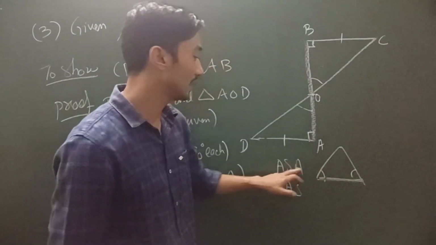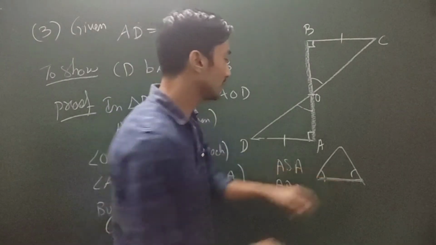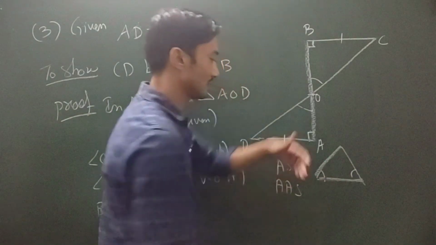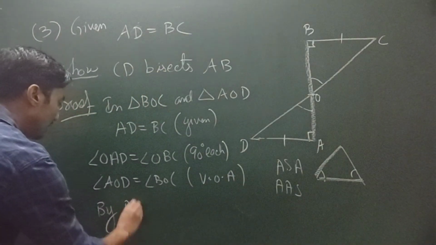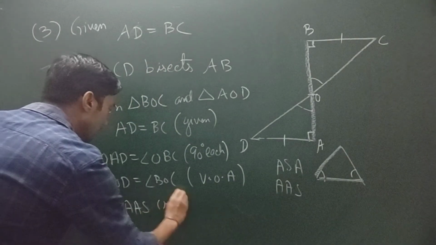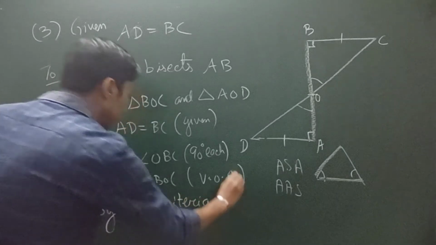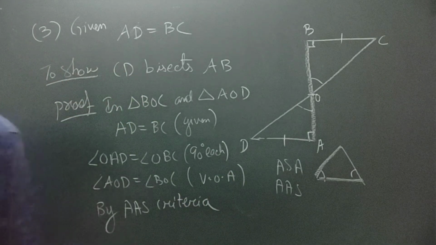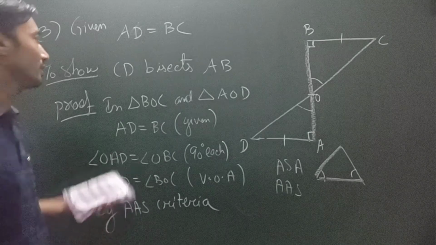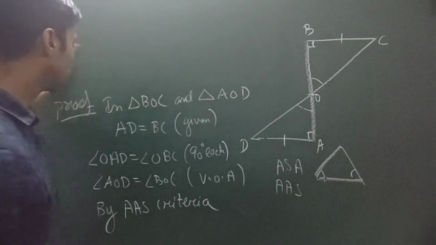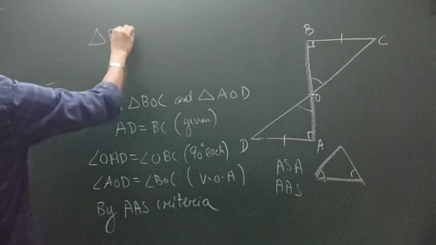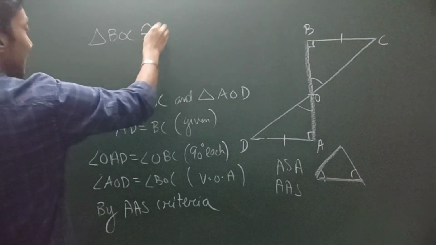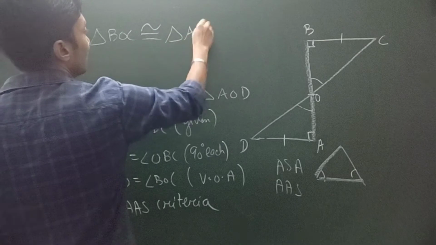If it's two angles and the third side is another side, then we use angle, angle, side. So by the angle, angle, side congruency criteria, again I forgot to write, but you write it. By angle, angle, side criteria, triangle BOC is congruent to triangle AOD.